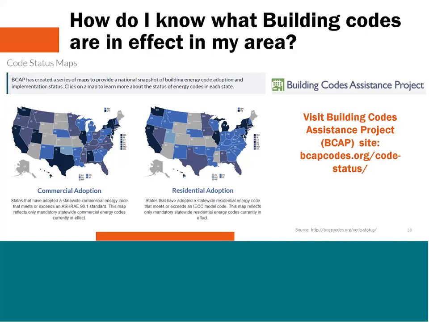BCAP provides custom tailored assistance on building energy code adoption and implementation. They assist state and local regulatory and legislative bodies to help coordinate others in regards to environmental interests, consumers, labor, and industry. The BCAP also provides states with code advocacy assistance on behalf of the Department of Energy. They also coordinate with the Department of Energy's technical assistance.